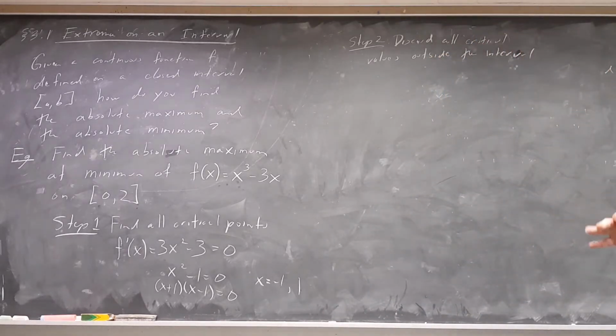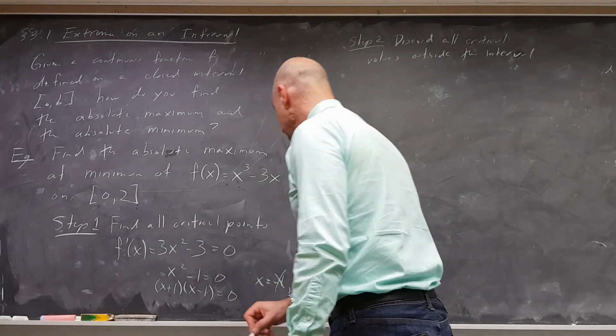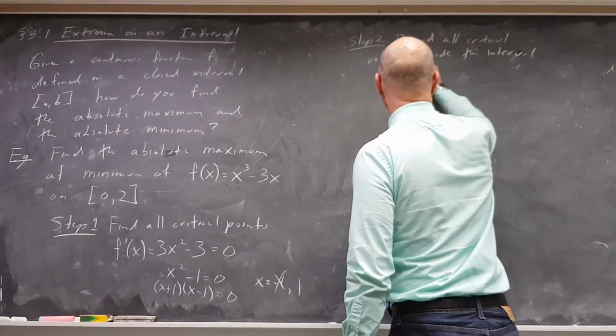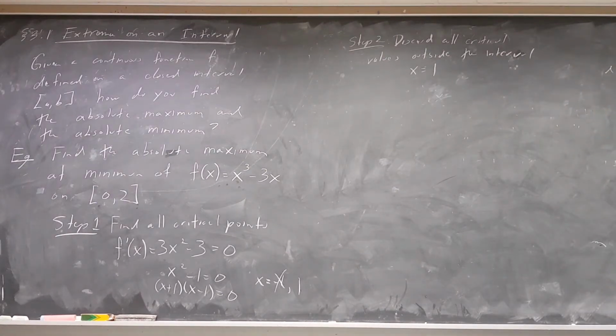So we are going to get rid of x equals -1. We don't need that. So we only have x equals 1. That's the only critical value left, the only critical point left.